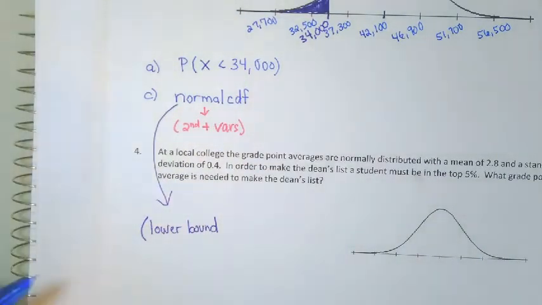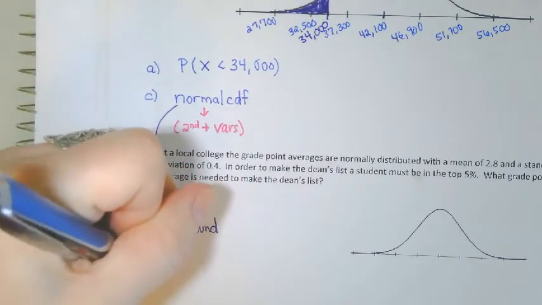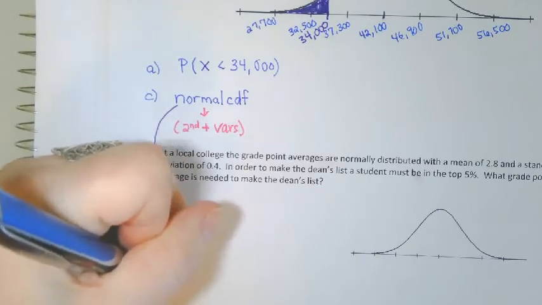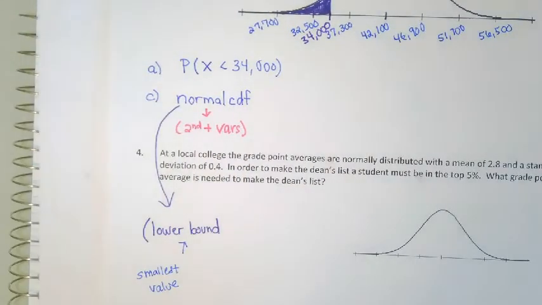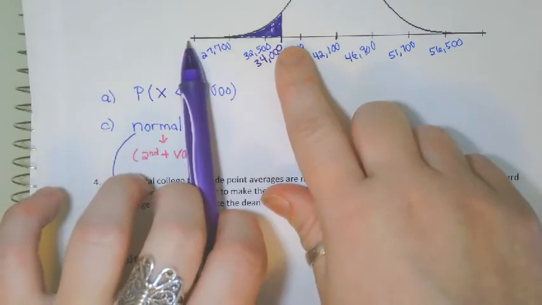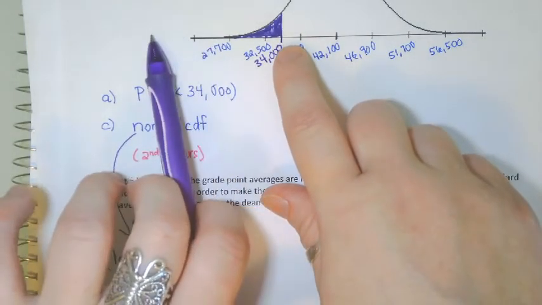And the lower bound is the smallest value our variable could have in terms of the area we have shaded. So the lowest value would be furthest left.